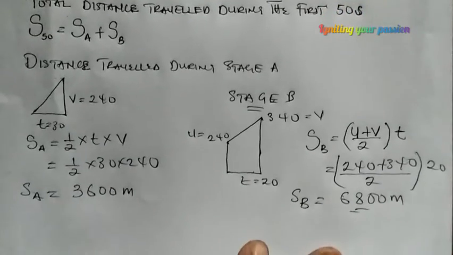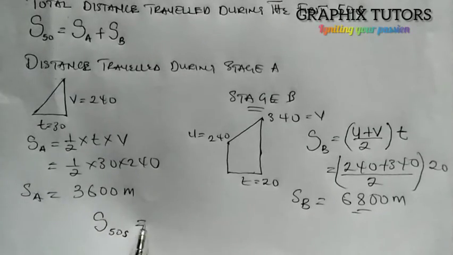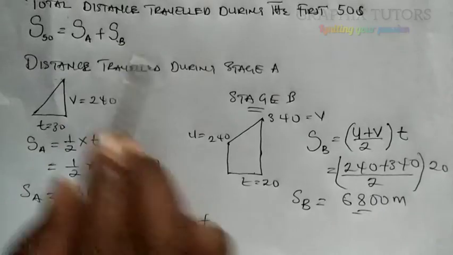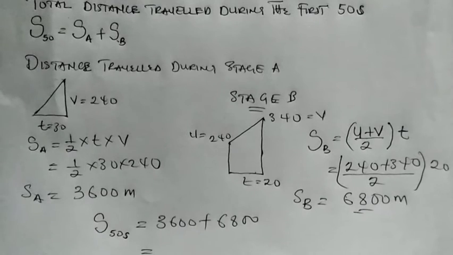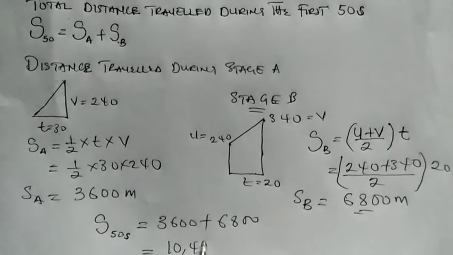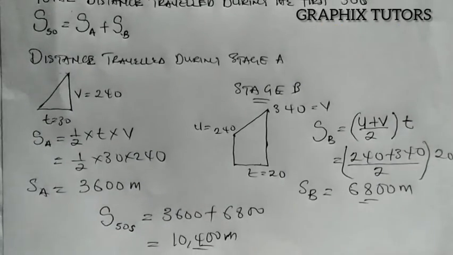So we now say that my distance in the first 50 seconds is equal to SA, which is what? 3,600 plus XB, which is 6,800, and that will give me 10,400 meters.